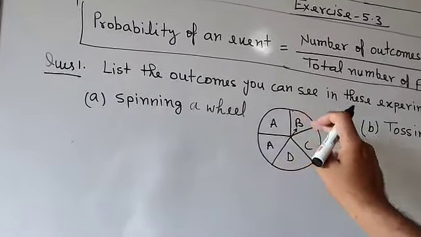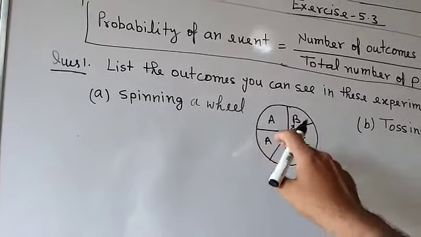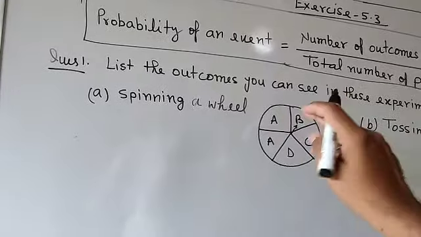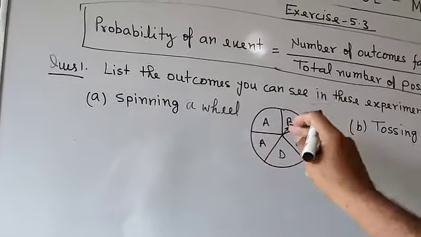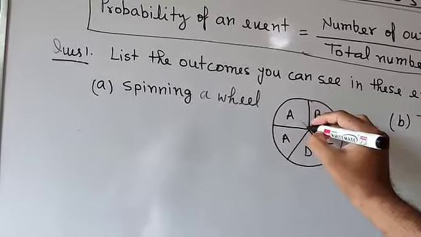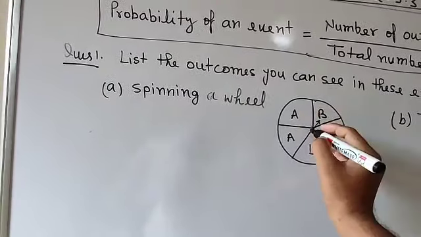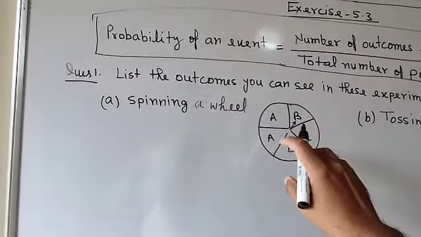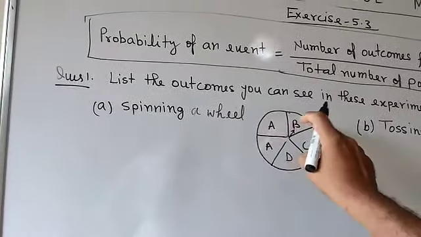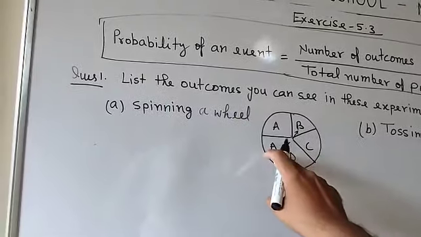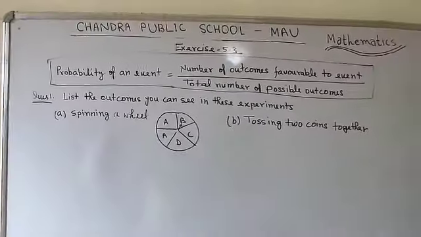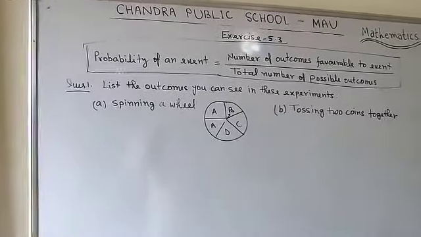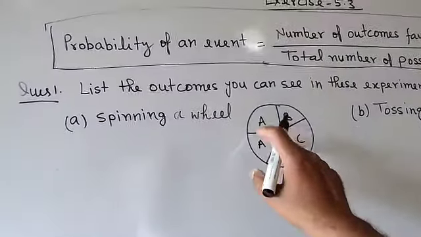You are going to get 1, 2, 3, 4, 5 sectors there, but in two sectors the same letter is written, so that will be taken only as A. If the arrow lands here, you will say the result is A. If the arrow lands here, you will say the result is A. So the total number of possible outcomes will be only 4: A, B, C and D. If the same result is repeated, it will be counted only one time.